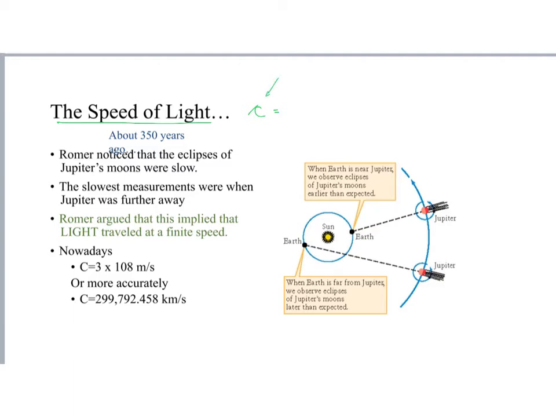I forgot probably to tell you before, this c, the letter that is used for the speed of light, 3 times 10 to the 8 meters per second, comes from the Latin for celeritas. It's Latin for speed. Okay, celeritas. You got it.